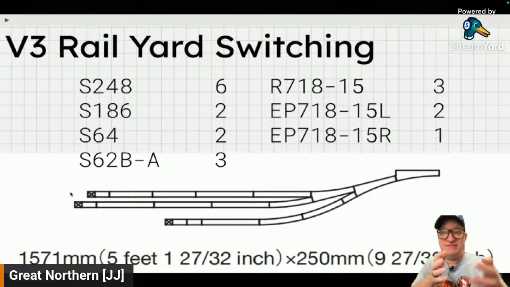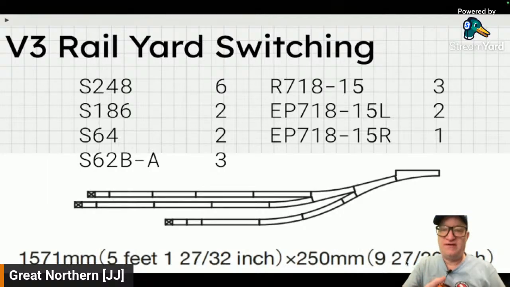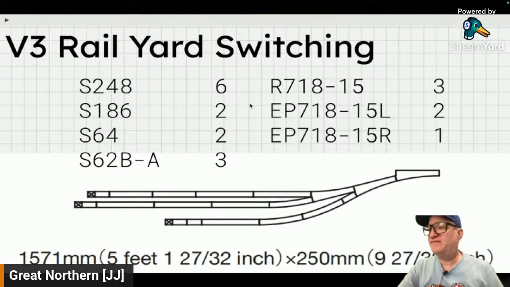So this gives you an idea of how much room you need to have, even for a shelf layout. And this could easily fit on a shelf because it's 10 inches. So you could put a 12-inch shelf, and you could put this on a 12-inch shelf if it was 6 feet long. And then you could have your main line coming right here. And so there you go.